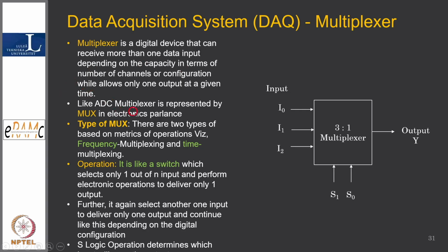Like ADC is the acronym for analog to digital conversion, the multiplexer is represented by MUX. There are two types of MUX, frequency multiplexing and time multiplexing.